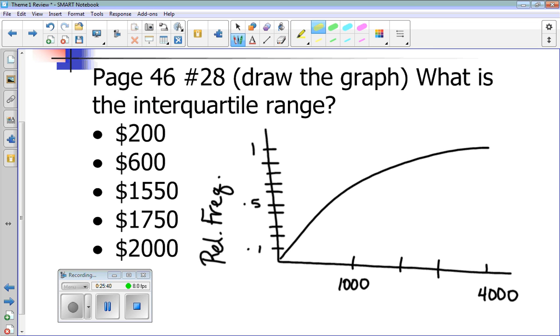All right, IQR. How do I do it? What is it? Q1 and Q3 I need to find, which corresponds to what in terms of percentages? 25% and 75%. So hang on. 25% would be, well, that's not right. We have to be perfect. So 25% really is like this, right?